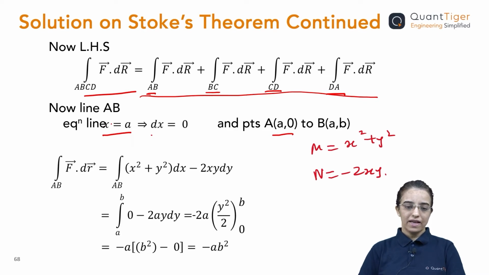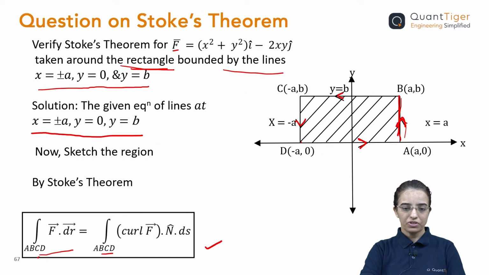Now from the given equation, आपको जो function दिया हुआ है question में, जो कि f vector है, this is what has been given. इससे हमें क्या पता चल रहा है, m की वैल्यू पता चल रही है, n की वैल्यू पता चल रही है.